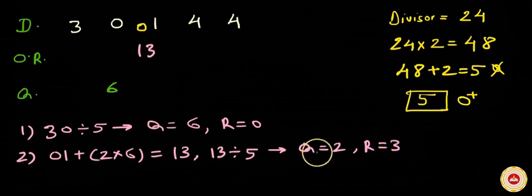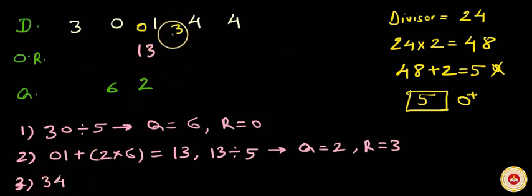So let us write quotient 2 below the first osculation number and remainder 3 as a prefix to the next digit, which is 4, and consider this as 34. Read this as 34. Now let us calculate the second osculation number. Third step, 34.